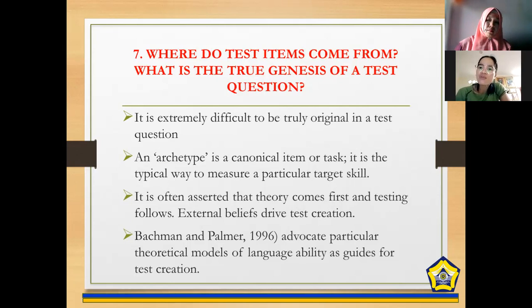It is often asserted that theory comes first and the test follows. This internal belief drives test creation. For example, Bachman and Palmer in 1996 developed a particular theoretical model of language ability as a guide for test creation. Next.